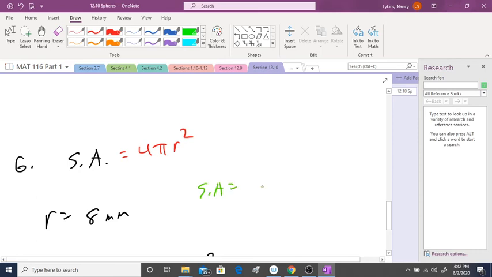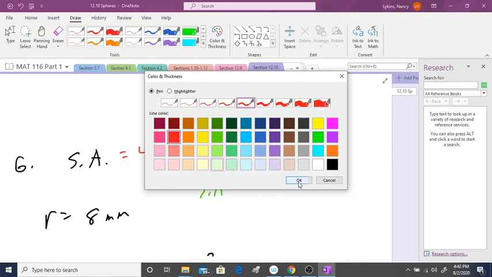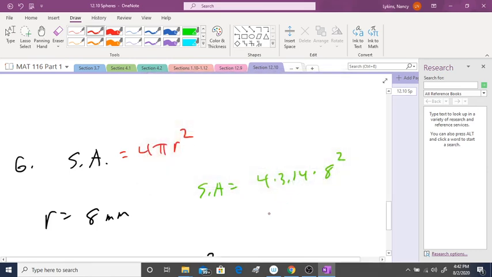Surface area equals 4 times 3.14 times radius squared, which is 8 squared, or 64. And you should come out to be, in this case, 803.84 millimeters. Now, since we're talking about surface area, it's squared.